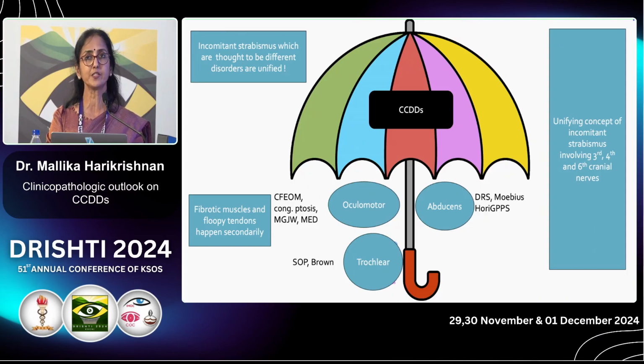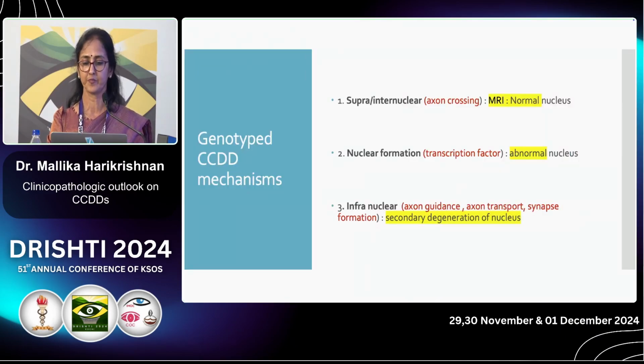Those affecting the trochlear nerve are congenital superior oblique palsy and Brown syndrome. Fibrotic muscles and floppy tendons are seen in many of these conditions. That happens secondarily. The major defect will be at the nuclear or subnuclear level.